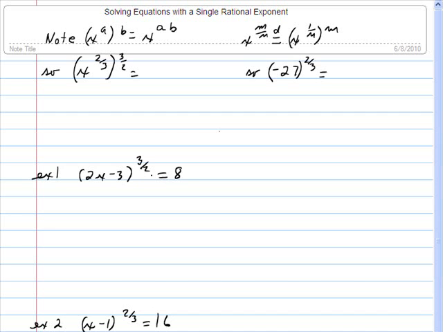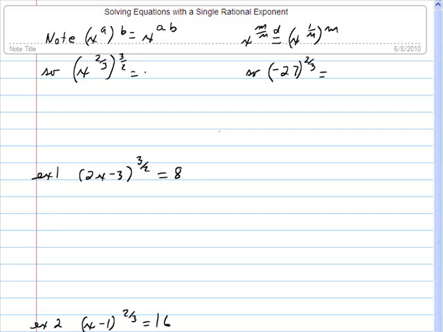Okay, first rule I want you to recall from algebra is that if you take an exponential like x to the a and raise it to the power b, the result is x to the ab. So suppose I had an expression with a rational exponent like x to the 2/3. And suppose that I raise it to the power that I get when I flip 2/3 over to get 3/2.